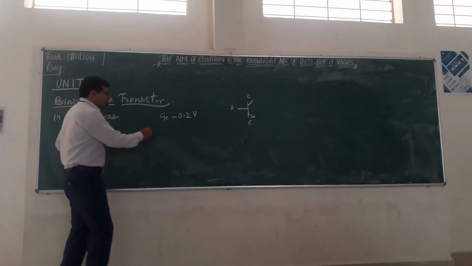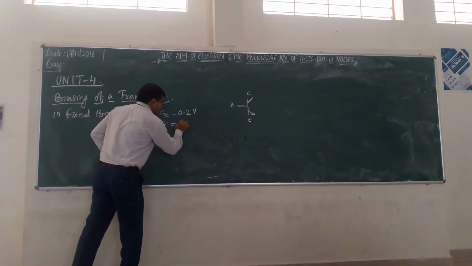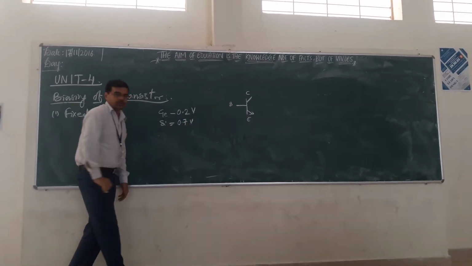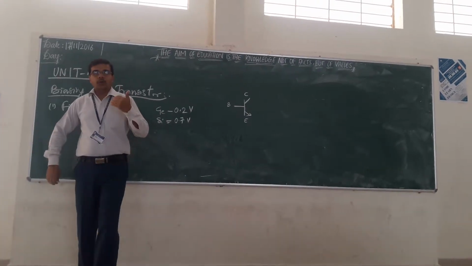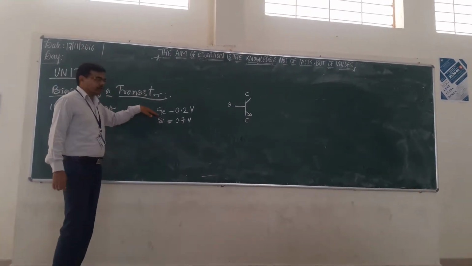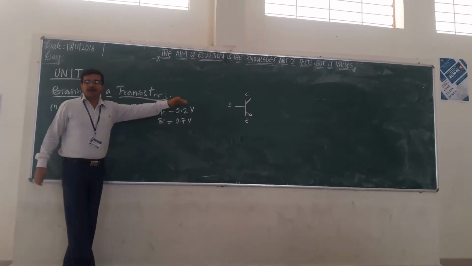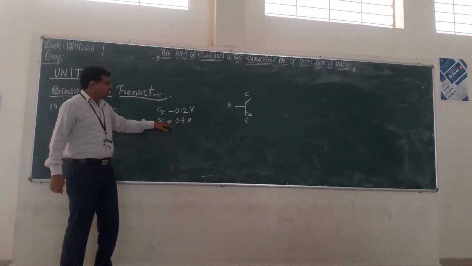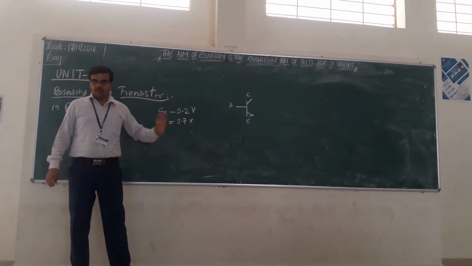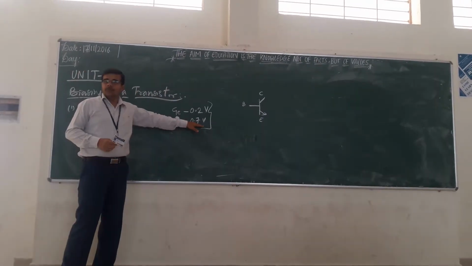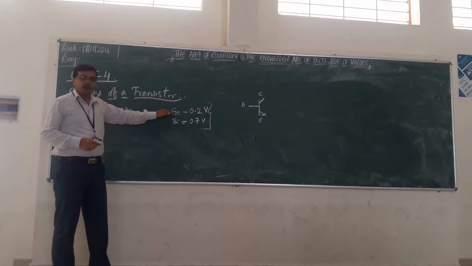But for silicon, it is 0.7 volts. So if we design a transistor with germanium, we need 0.2 volts, and if we design it with silicon, we need 0.7 volts. But this 0.7 volts is the problem we have.